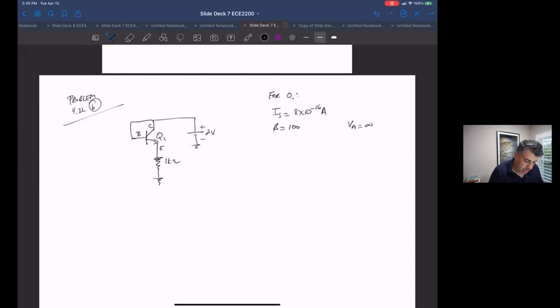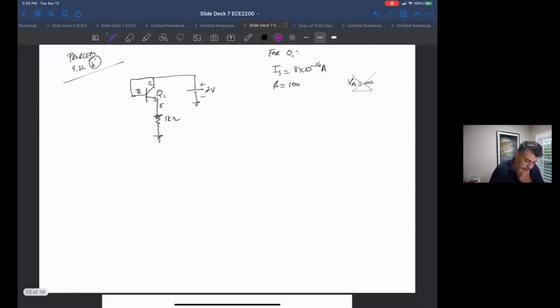Let's just ignore this for now. We'll talk about it in today's lecture, but you can ignore it for now. What they are asking for is to build a small signal model of this.